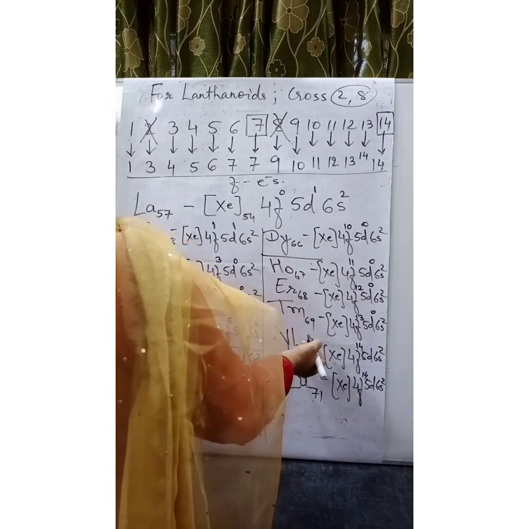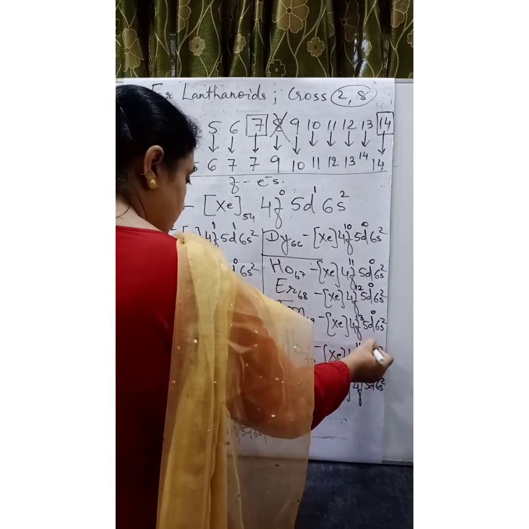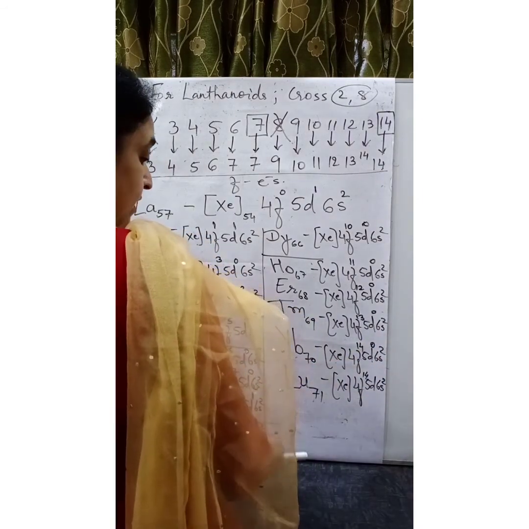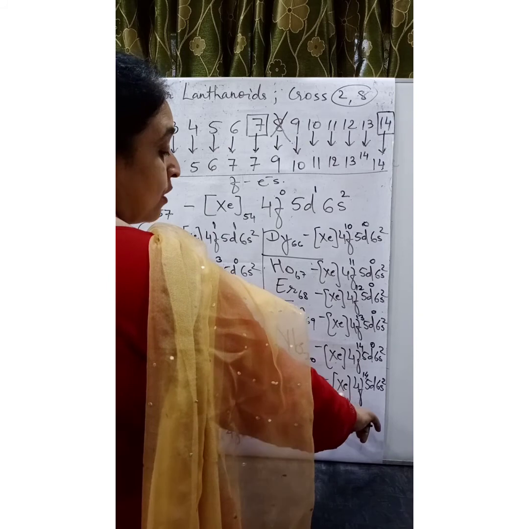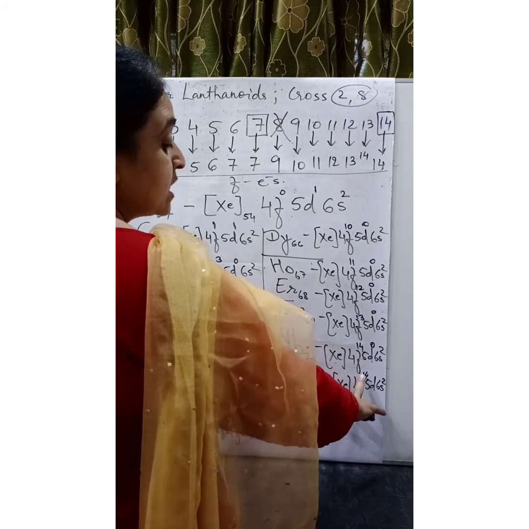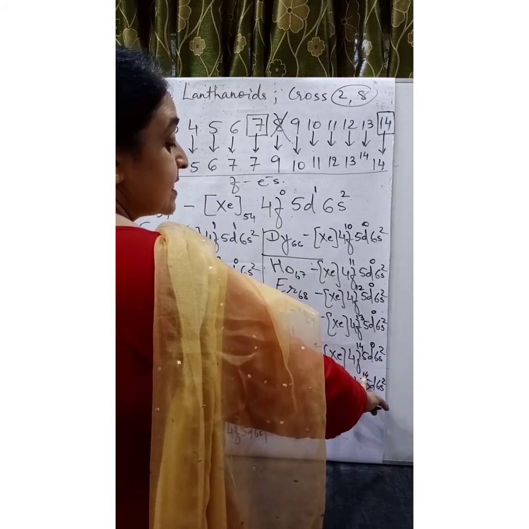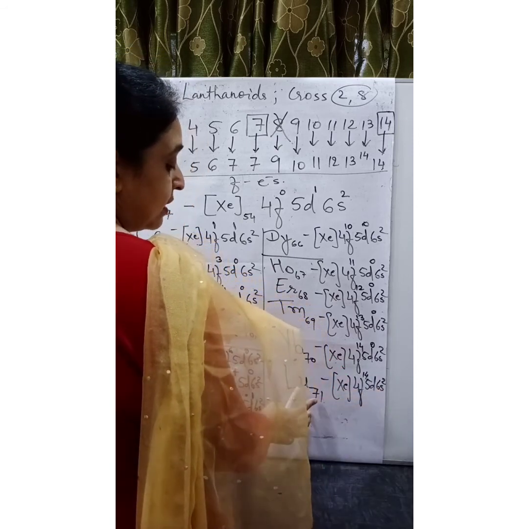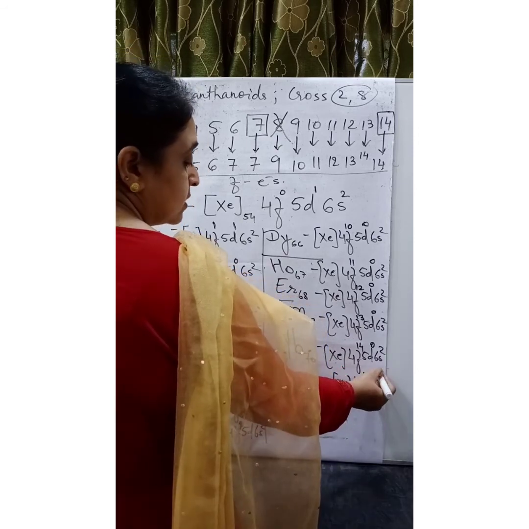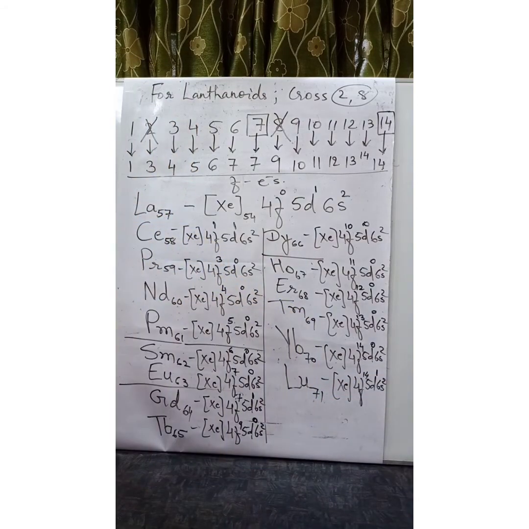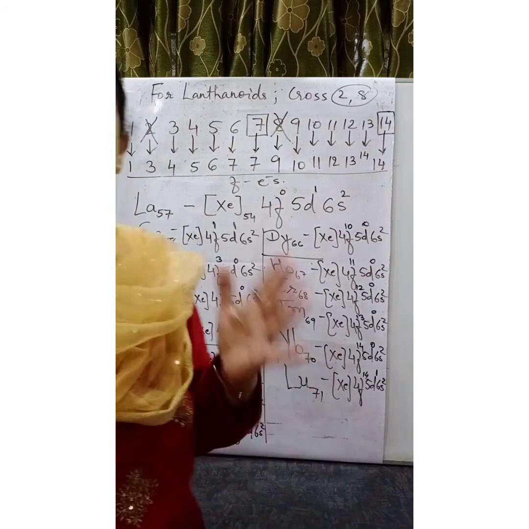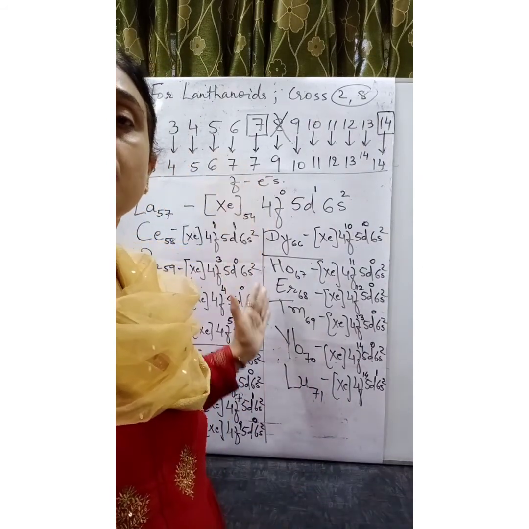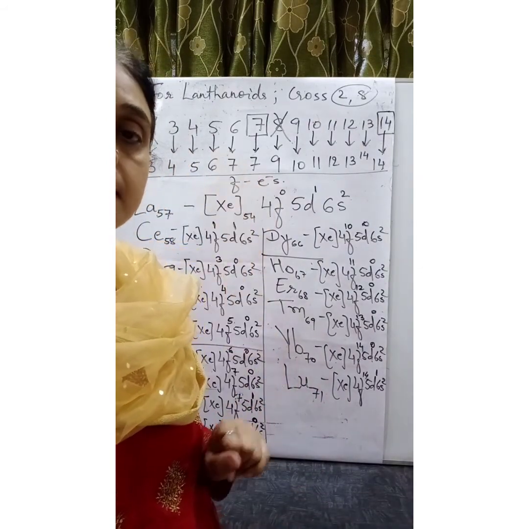For Yb, when you work out, 0. And let us see for lutetium. This is 54 plus 14, 68, 69 and 70, but we are having 71. So 1 electron will go in 5d. So using this trick, we can easily work out the electronic configuration of these elements.